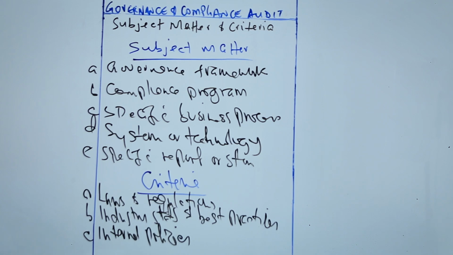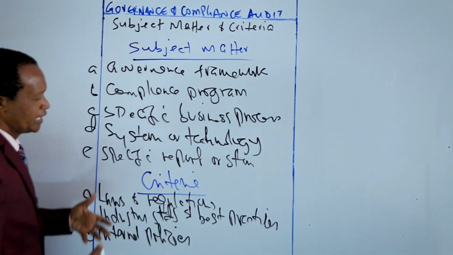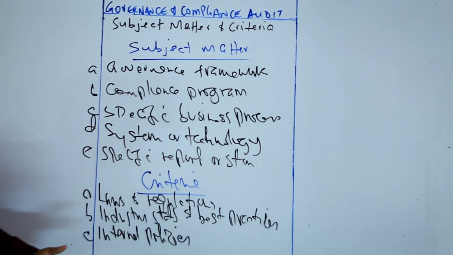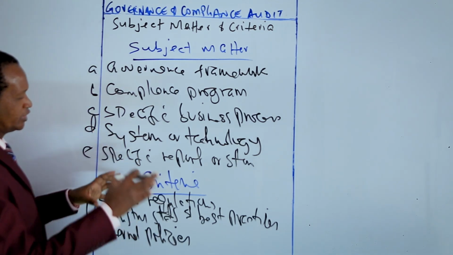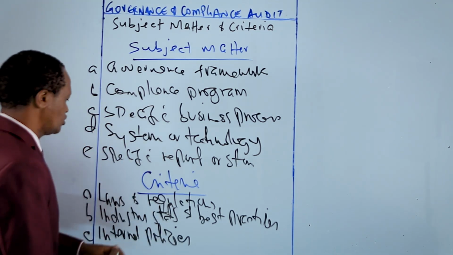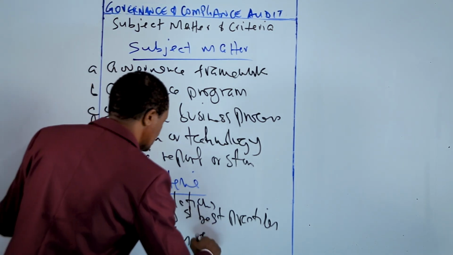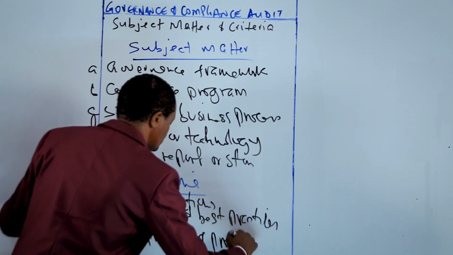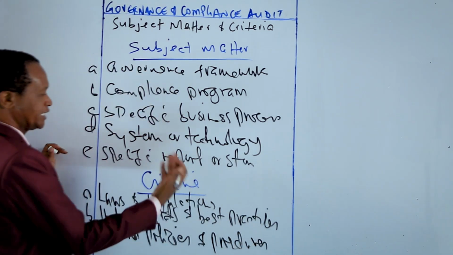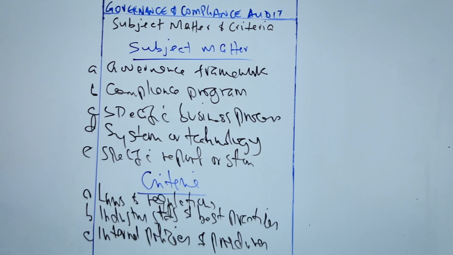For example, we may have a travel expense policy or an IT user access policy. It could even just be a code of conduct. So the auditors may come in to check if the organization is adhering to its own policies and procedures. That is a criteria, a standard. Right?